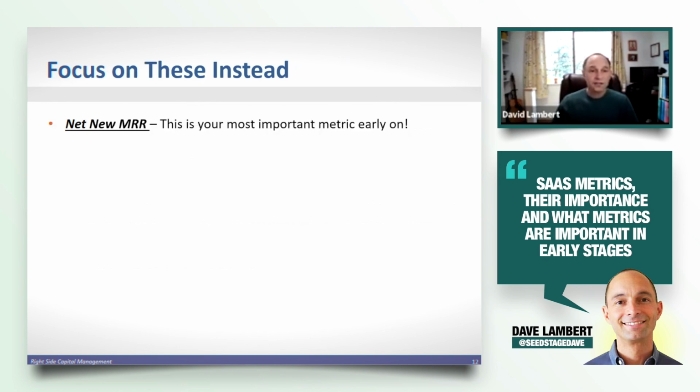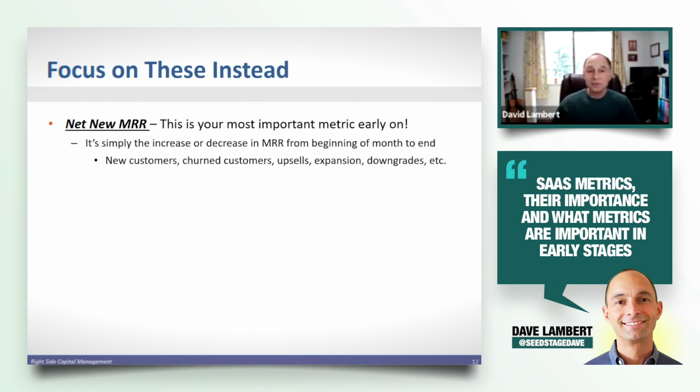Well, to start with, just use net new MRR as the metric you focus on. And net new MRR is very simply how much your MRR increases or decreases from the beginning of the month to the end of the month. It factors in everything: new customers sold, churned customers for MRR lost, upsells, expansion, downgrades from existing customers.